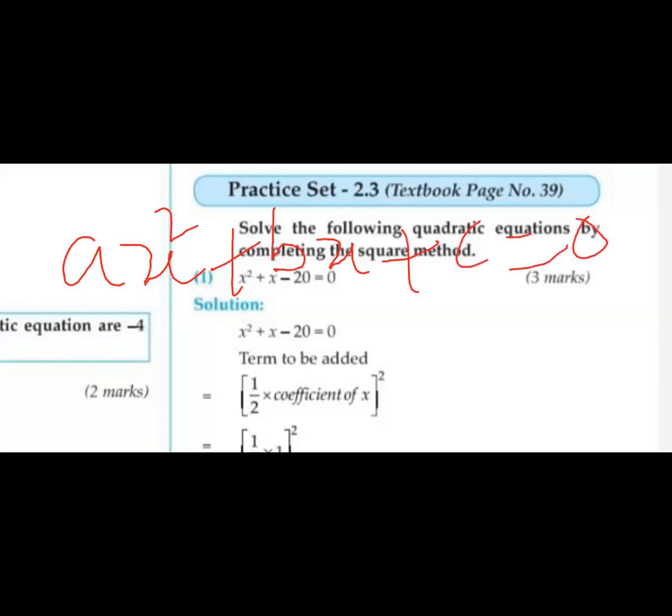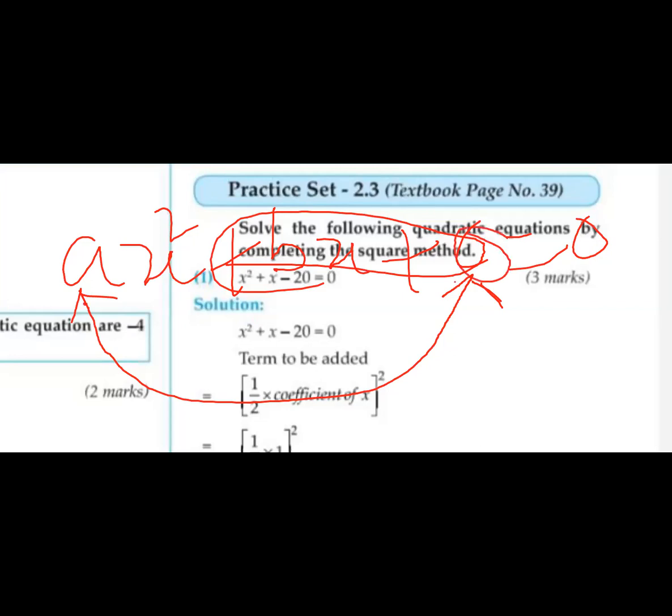In any quadratic equation, the first term and last term should always be the square of some number, for this particular method, the completing the square method. In other methods there is no such problem. In this method the first and last terms should always be squares. Now we can make their whole square.